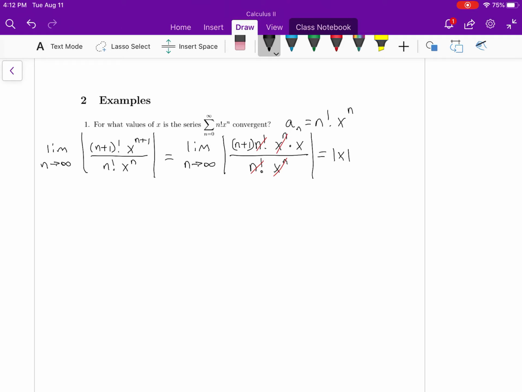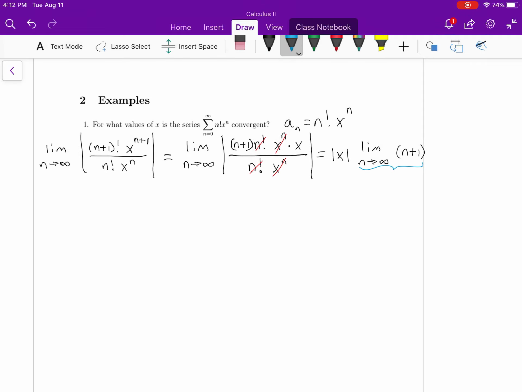And so in my next step, I have this. And this limit is infinity. Which means when we are looking for convergence, remember with the ratio test, it's convergent when this limit is less than 1. And we now see that it's only going to be less than 1 in one very particular case.